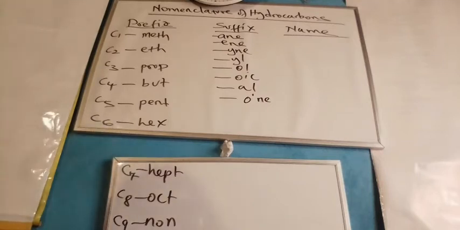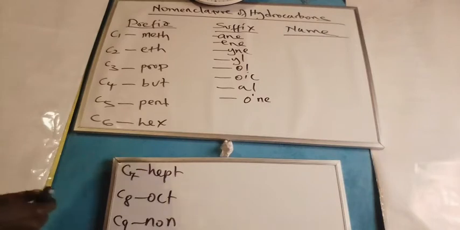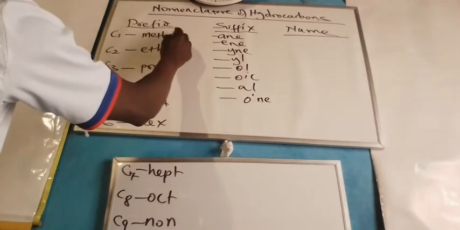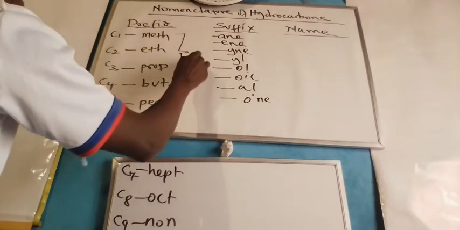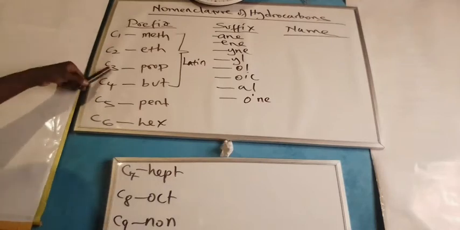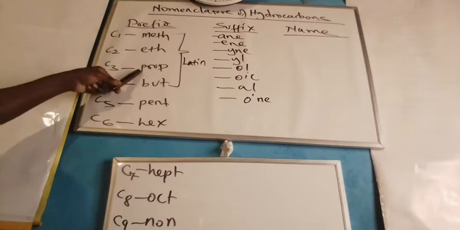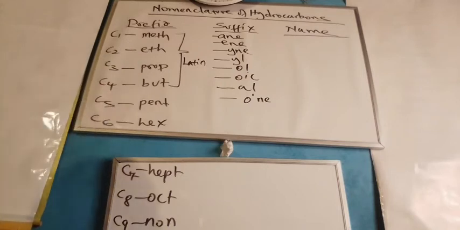In this case, the prefixes meth, eth, and prop, as well as but, are Latin prefixes. These Latin prefixes represent the count of 1, 2, 3, and 4. So meth means 1, eth means 2, prop means 3, and but means 4.